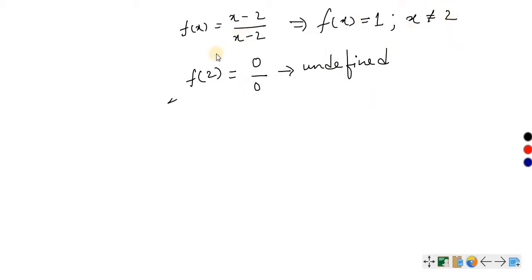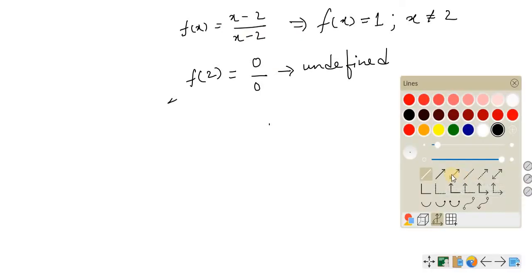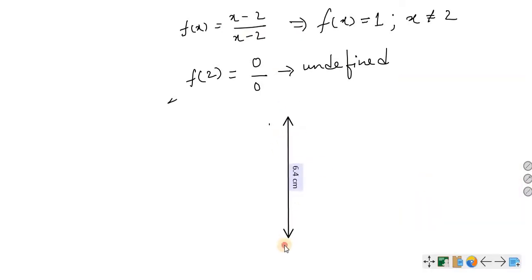Now if we try to draw the graph for this function, let me draw the graph at first. So this is the y-axis and this is the x-axis.